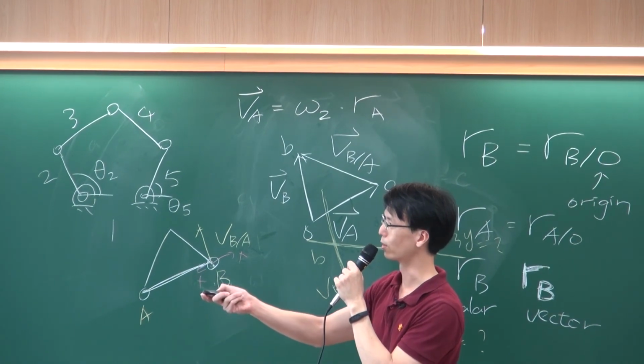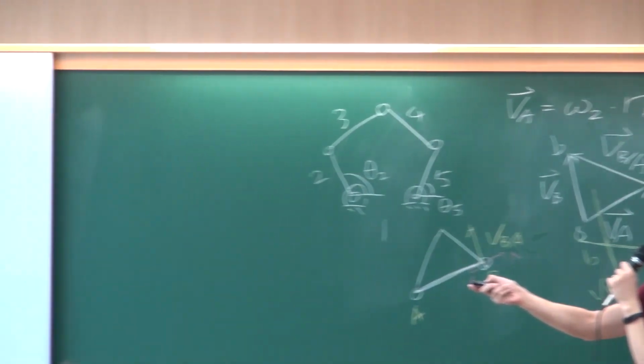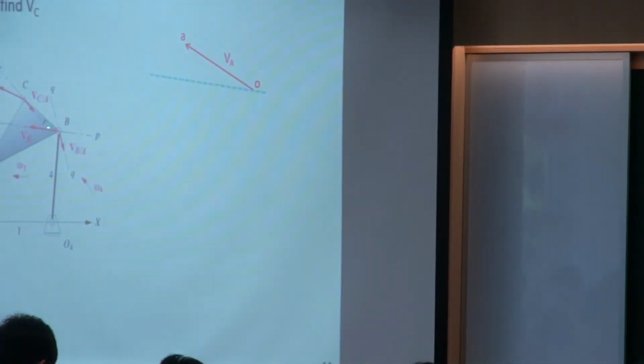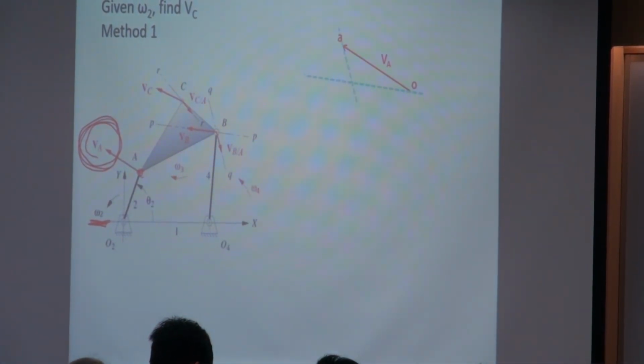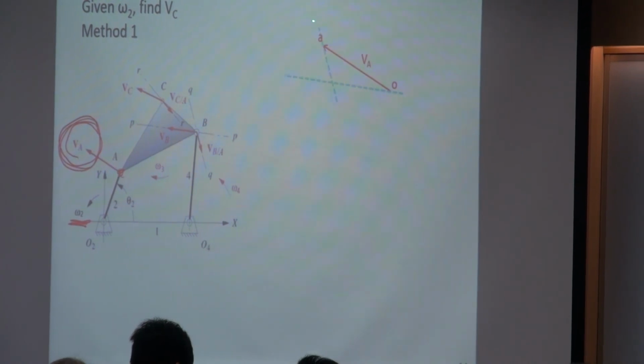By doing so, we know the direction of VBA. It must be perpendicular to this line, so we can just draw this line.